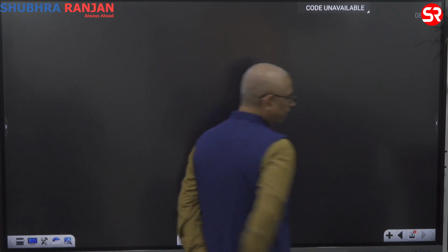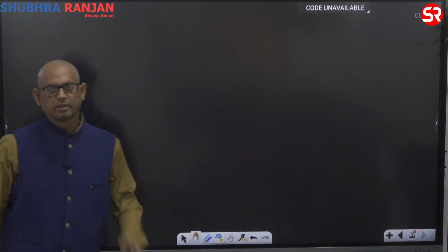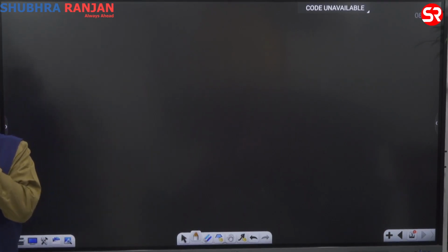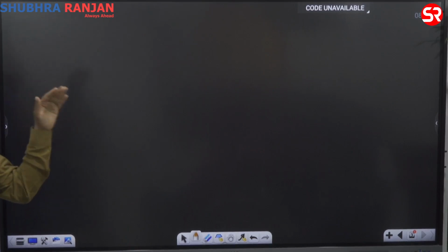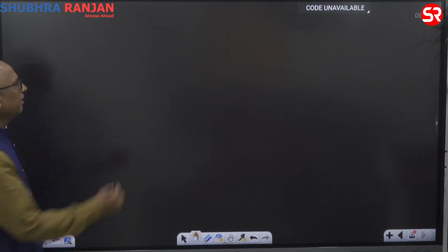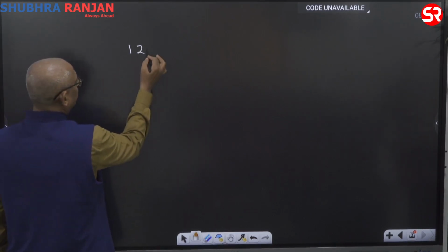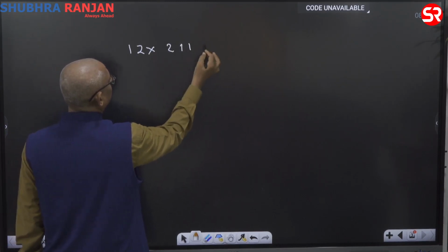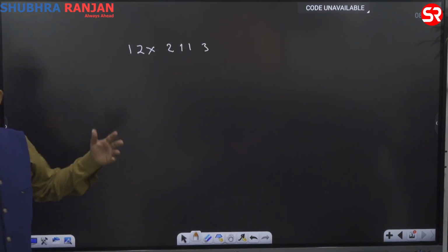Yesterday we already learned multiplication. In multiplication also, I will give one small technique, and since we are doing squares and square roots, that is also going to be helpful. Yesterday, 12 into 2113. We already know the flow method.